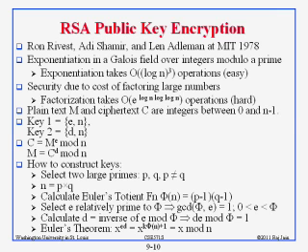Now you calculate the totient function of n, which will be equal to P minus 1 times Q minus 1, right? Everybody remembers that? The totient function for a product of primes is equal to, right, because the totient function for P is P minus 1, the totient function for Q is Q minus 1, and therefore the totient function for n is the product of the two. Right, so calculate that.